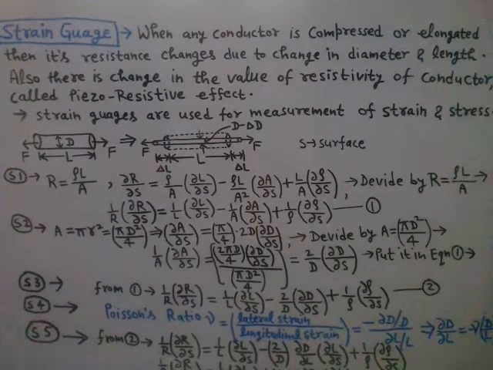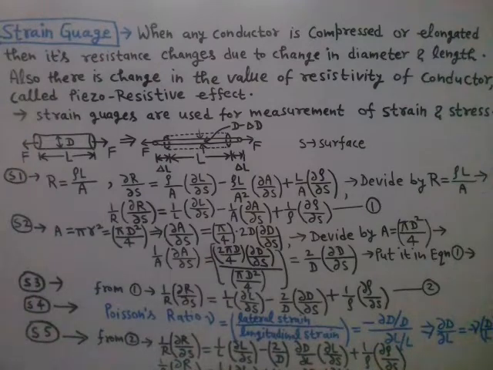So the same I am going to do. 1 by R is equal to 1 by R del R by del s is equal to 1 by L del L by del s plus 2 by d Poisson's ratio into d by L into del L by del s, as it is, plus 1 by rho del rho by del s, as it is. Now del s is in left hand side and del s is in right hand side.